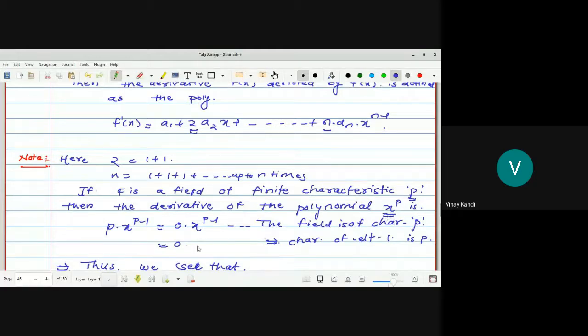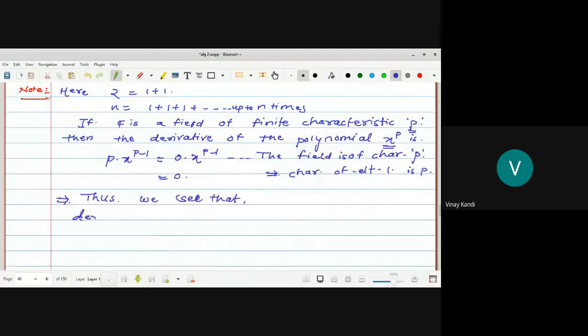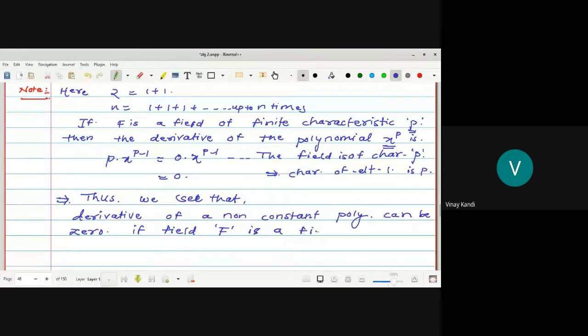So thus we see that the derivative of a non-constant polynomial can be 0 if the field F is a field of finite characteristic. Any doubt?